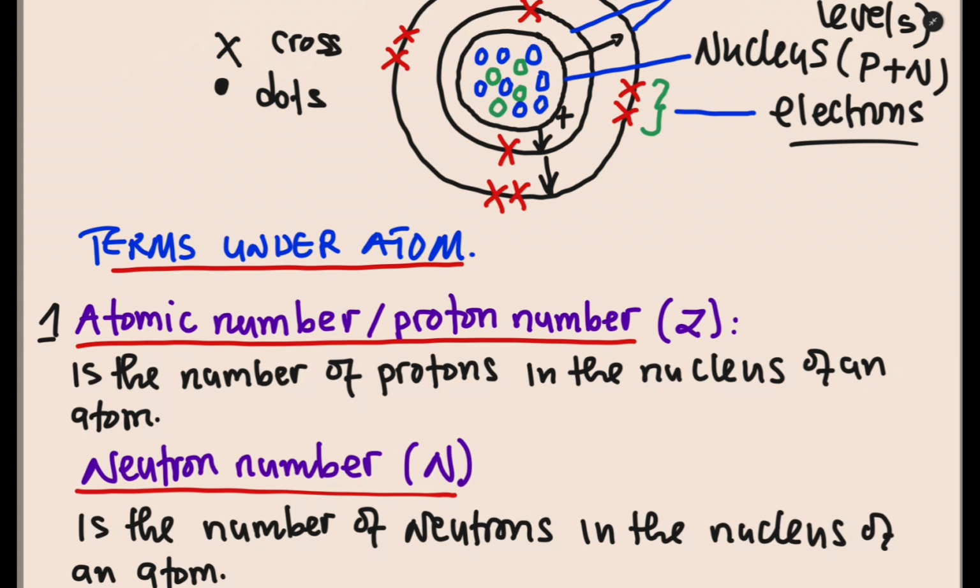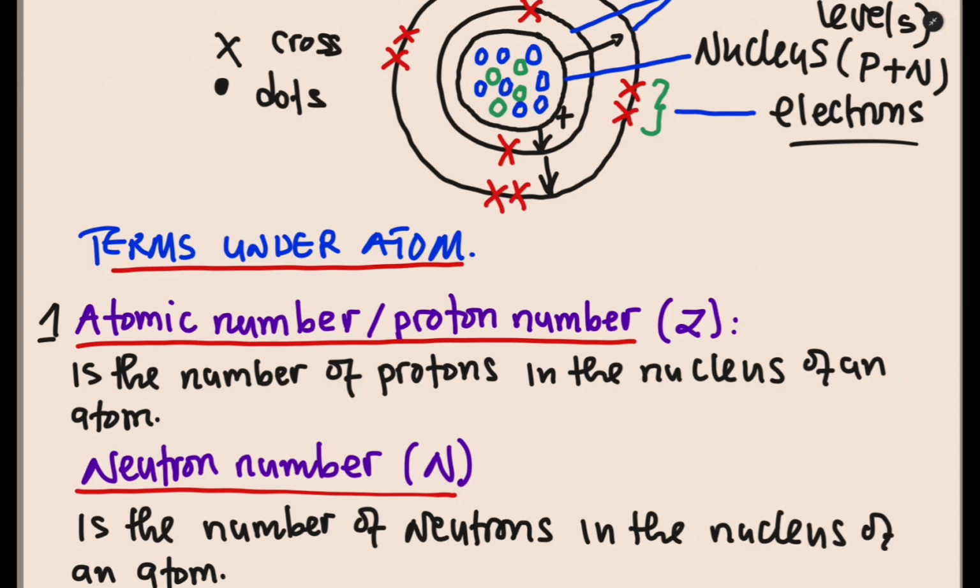It's very important that the letter used to denote atomic number is not A, or rather P. Instead, it is Z. So it is neither A nor P, but Z. In this case, Z represents atomic number. It's very important for you to know what an atomic number is. In an exam, you might find a question asking you to define what an atomic number is or to calculate it. To do that, you should be able to understand this part.